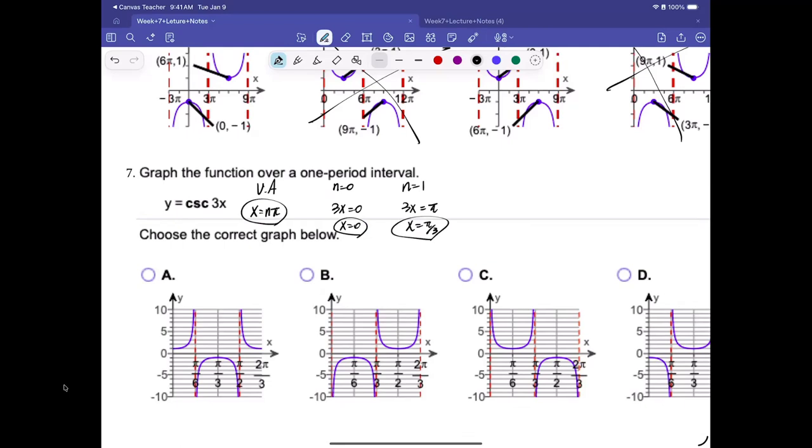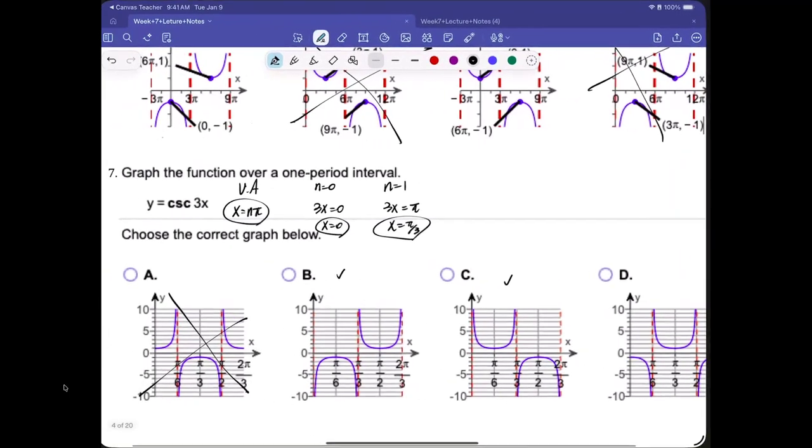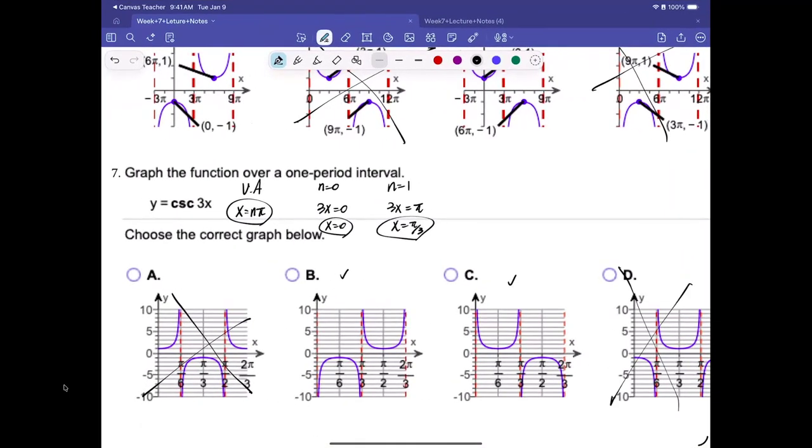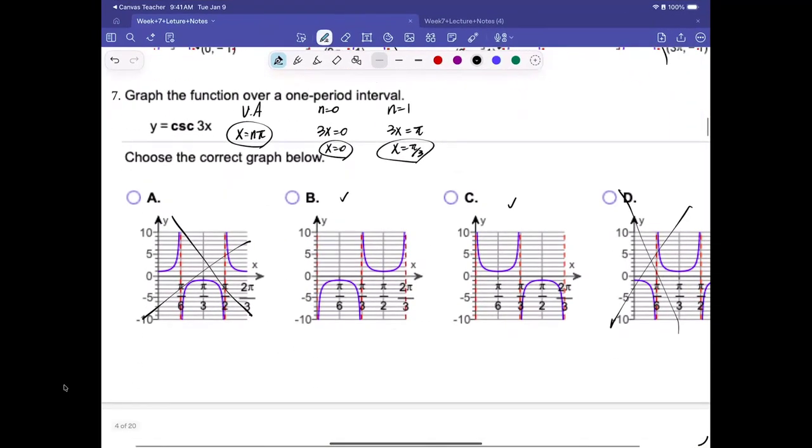So this one definitely is not. So maybe this is okay, and this is okay. And this one, D, is definitely not.